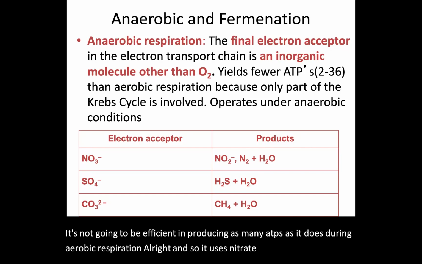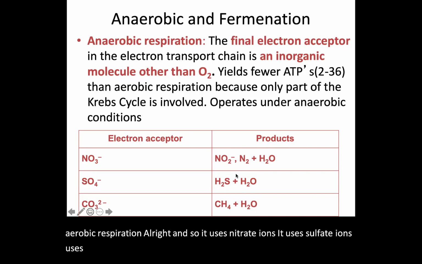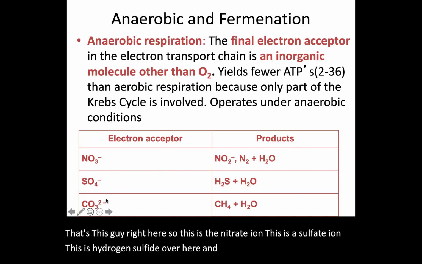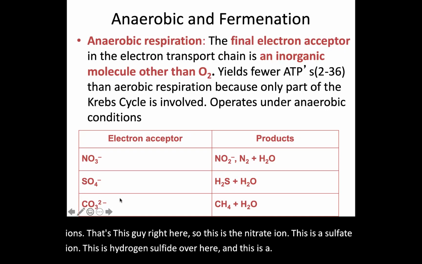It uses sulfate ions. It uses hydrogen sulfide. That's H2S over there. And it uses carbonate ions. That's this guy right here. Right. So this is a nitrate ion. This is a sulfate ion. This is hydrogen sulfide over here, and this is a carbonate ion right there.